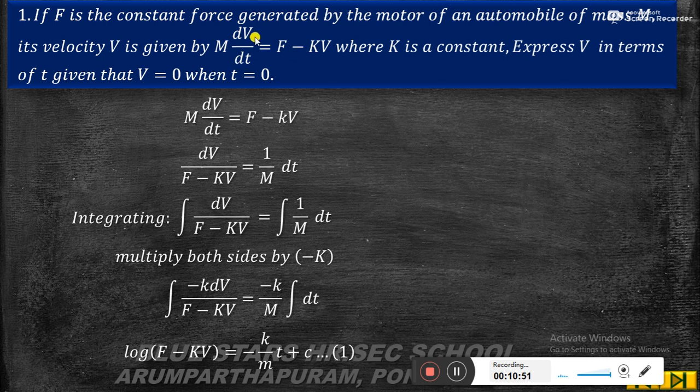So now I write this equation: m dv/dt = F - kv. From this I group the v terms and the t terms.